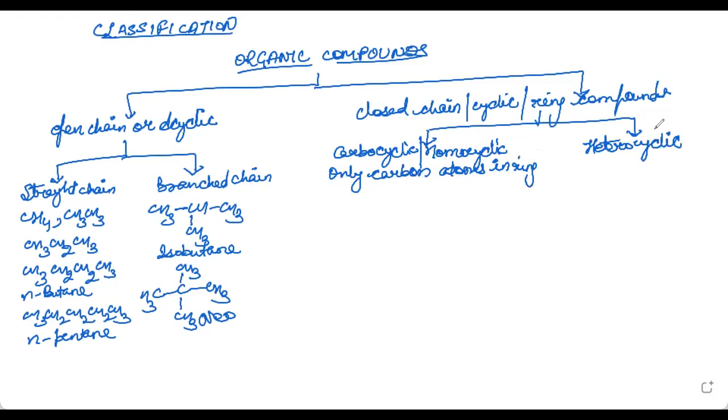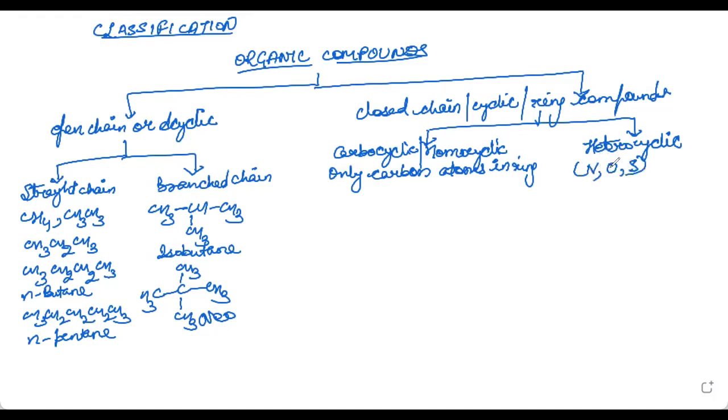In the case of heterocyclic ring compounds, there will be a ring which contains carbon atoms, but along with carbon atoms, at one or more positions, there will be some other atom. The other atom can be either nitrogen or oxygen or sulfur.